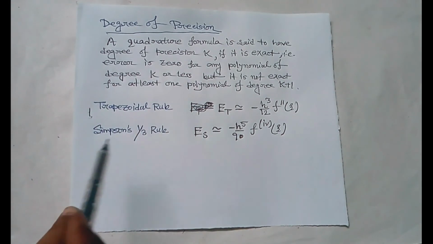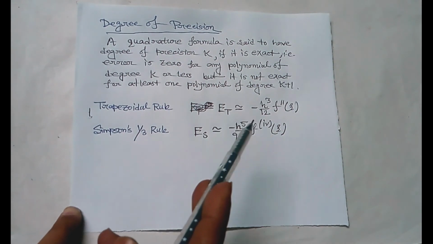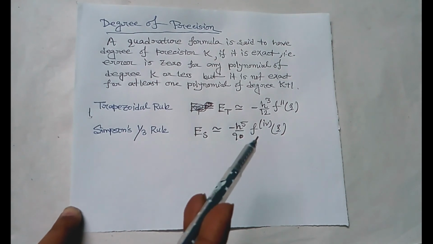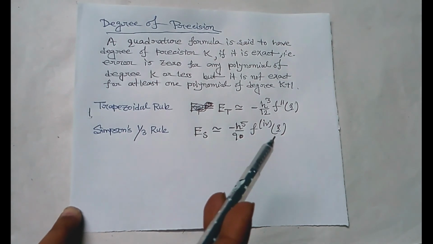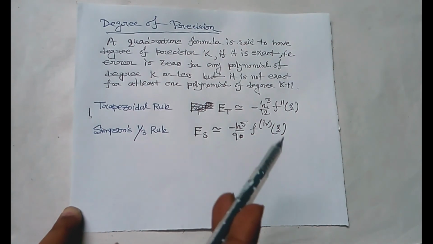Next we consider Simpson's one-third rule. Here we find that in the error term there is the fourth derivative of f(x). So if we take f(x) as a polynomial of degree less than or equal to 3, then the fourth derivative is 0.